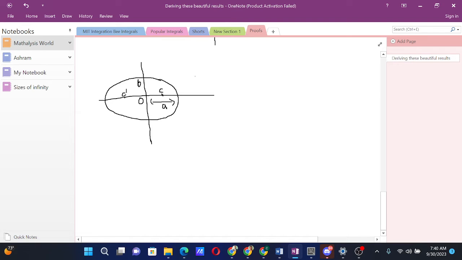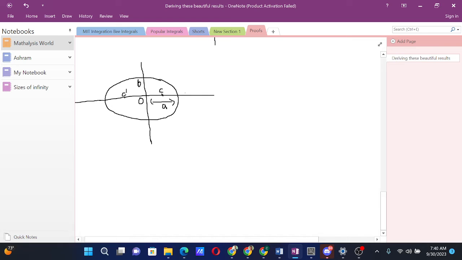For the circumference, we'll just find the circumference for one quarter, only this length, and multiply by 4, since these are symmetric.